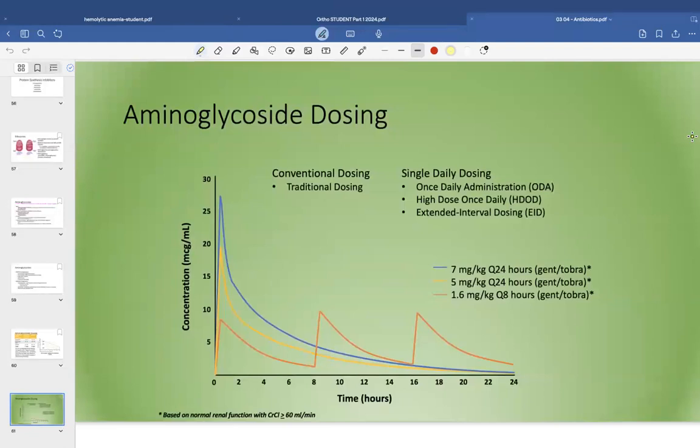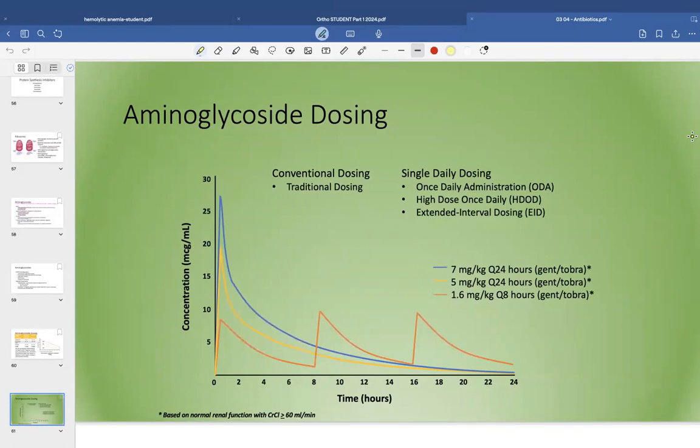However, knowing what we do now about the benefits of high peaks and post-antibiotic effect, low troughs, for patients with normal kidneys, we are able to exploit that using single daily dosing of aminoglycosides, which amounts to more drug being given, less frequently.